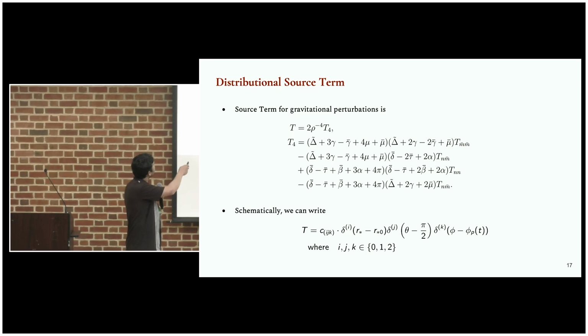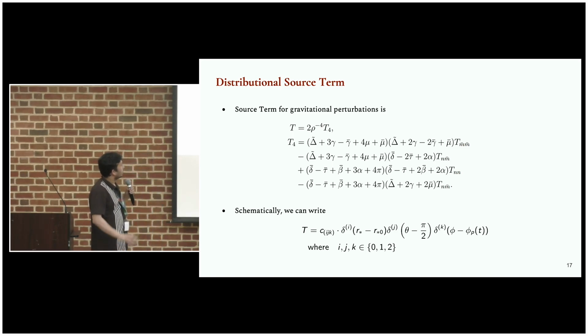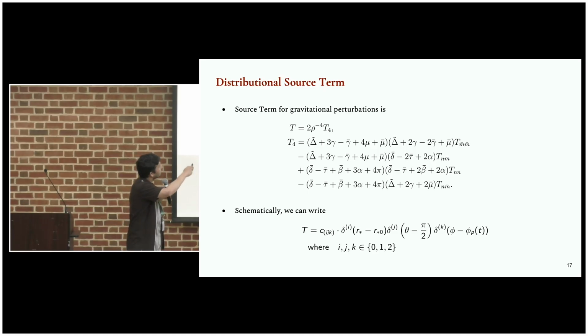Essentially this quantity appears on the right-hand side of the PDE that I showed. The upshot is that this entire mess can be expressed in this way, where these are constants and we are modeling circular equatorial orbits, so we have pi/2 and r0 here.